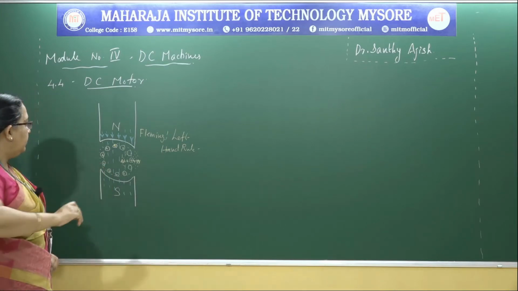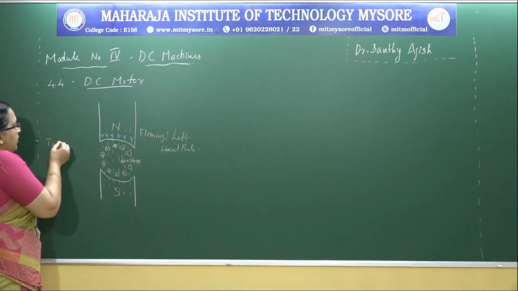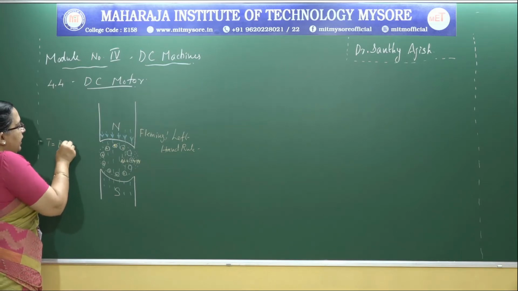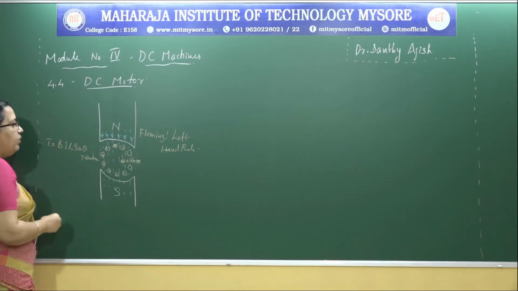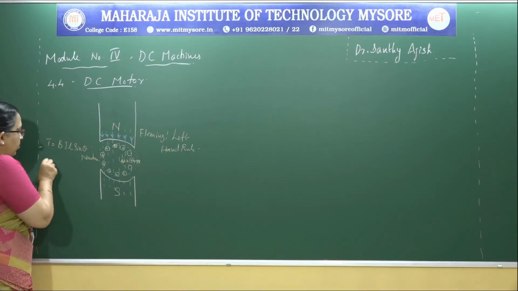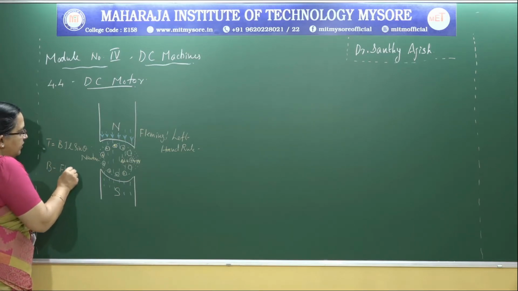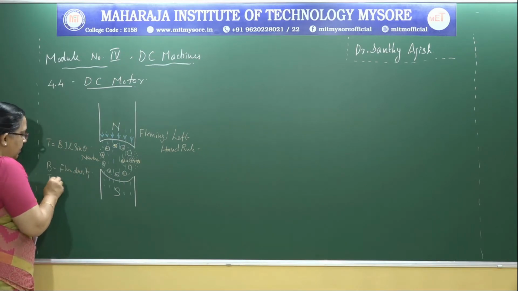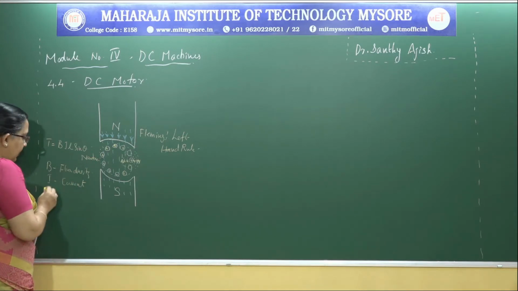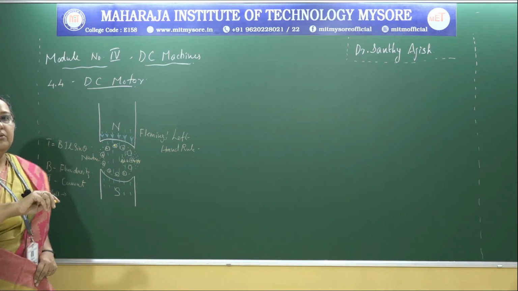The torque produced is given by the equation BIL sin theta newtons. That is the torque produced by the armature, wherein B is the flux density, I is the current passing through the conductors, and L sin theta is the effective length of the conductor which comes perpendicular to the flux.